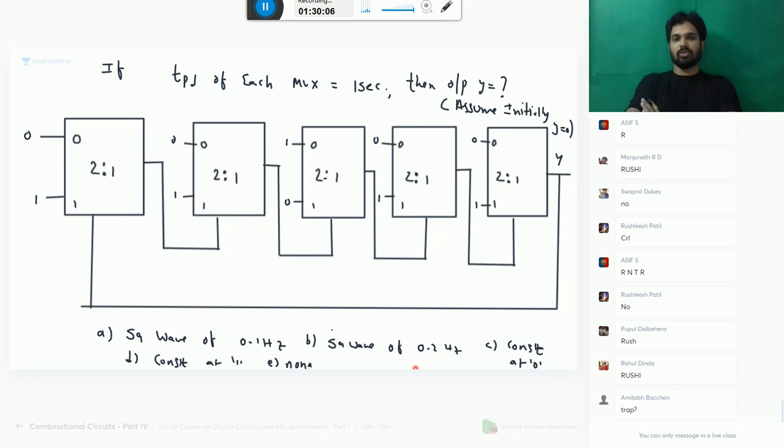I will start the poll. I also need to check the answer whether it is same. Fine. So let's start the question. Start the poll. Get ready.